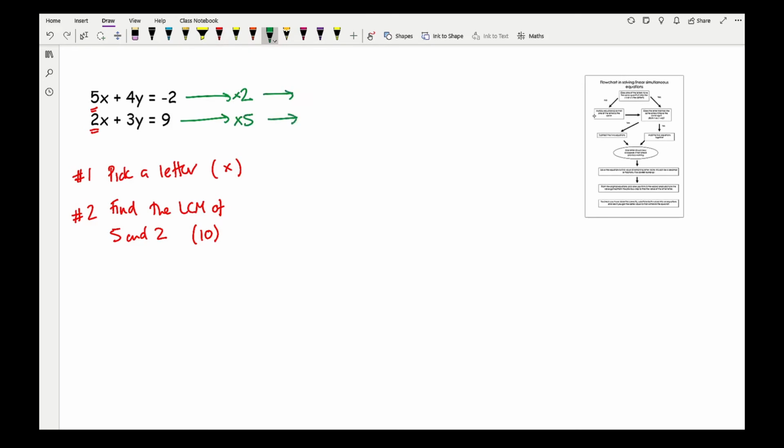If I multiply those two equations by these two separate numbers, what I end up with is 10x plus 8y equals minus 4, and 10x plus 15y equals 45.